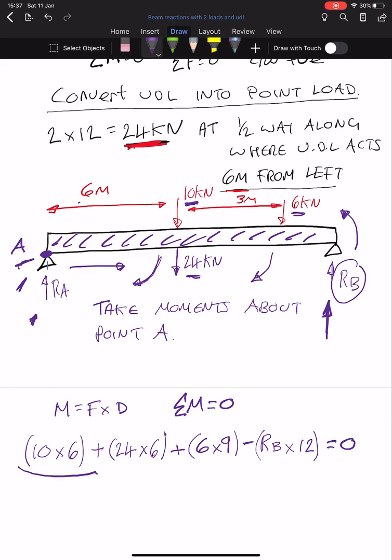So if you add all of these up, you will find that you get 258 minus RB times by 12, all still equals 0. So 10 times 6 plus 24 times 6 plus 6 times 9 gives you 258.